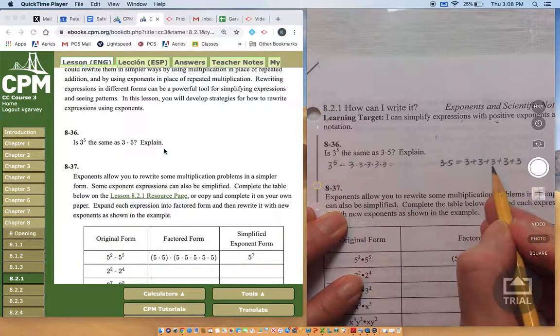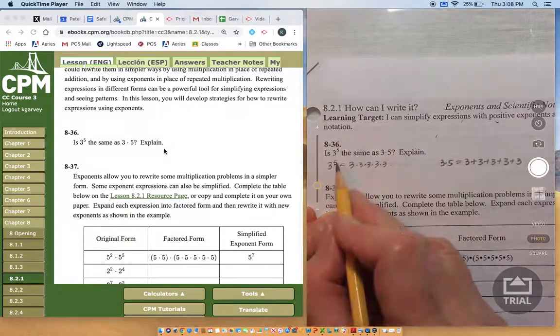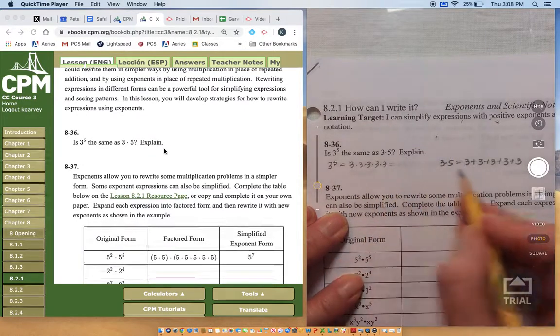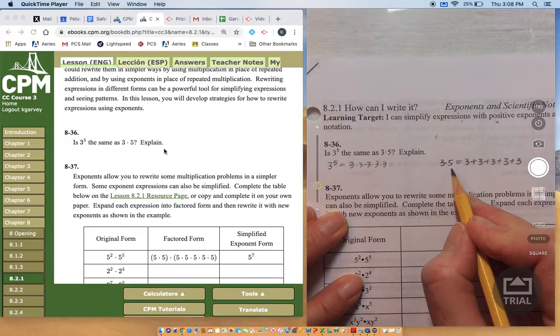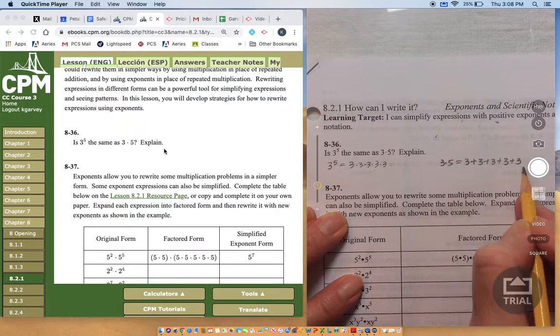Just looking at these two, you can see that the two of them are very different. 3 to the 5th power is 3 multiplied times itself 5 times. 3 times 5 is 3 added together 5 times.